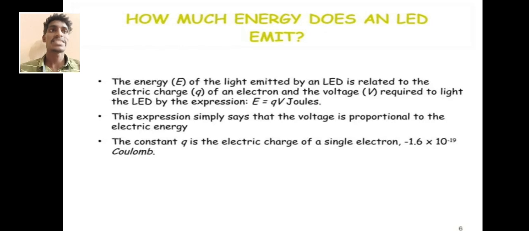How much energy does an LED emit? The energy emitted by an LED is related to the electric charge of an electron and the voltage required to light the LED by the expression E equals QV, that is, energy equals charge times voltage.